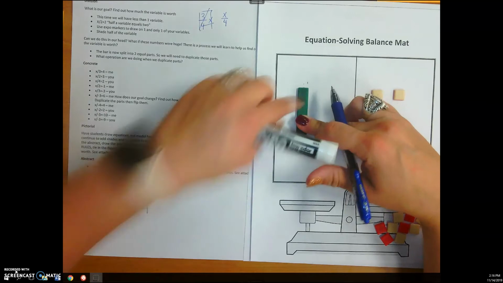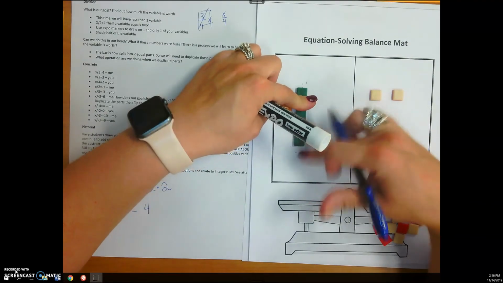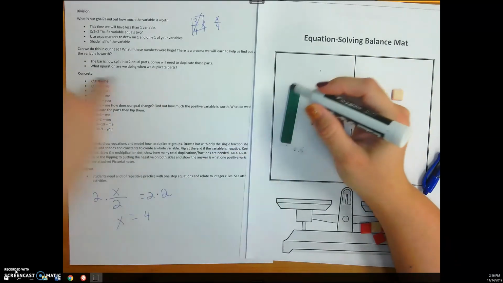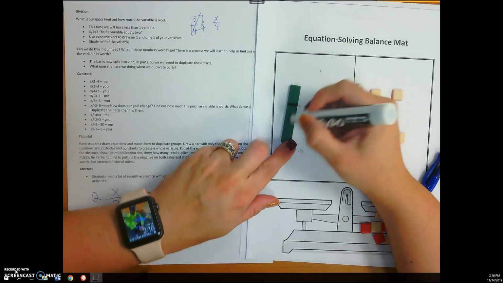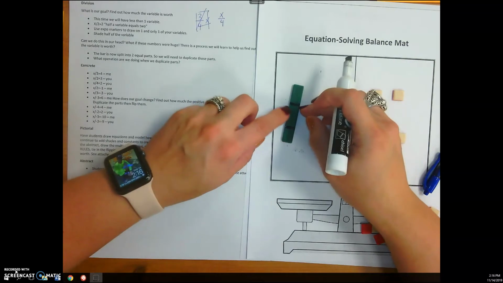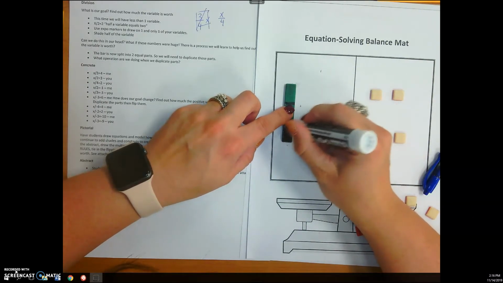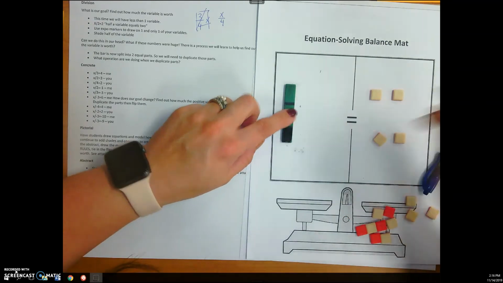You can do it into thirds if you need to. First example up here is x divided by 3 is 4, or x split into 3 equal parts. A third of a variable equals 4.